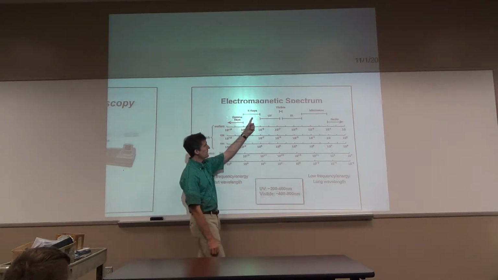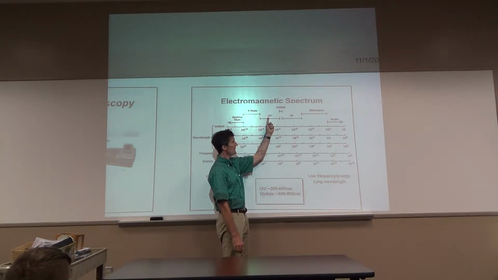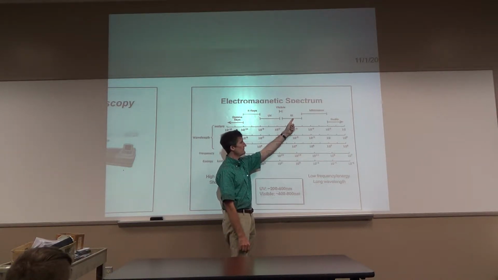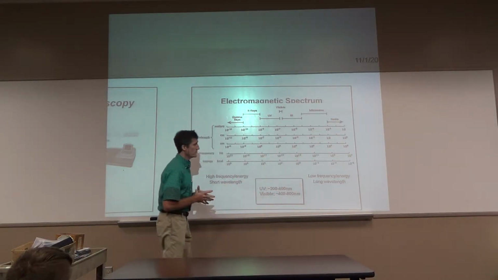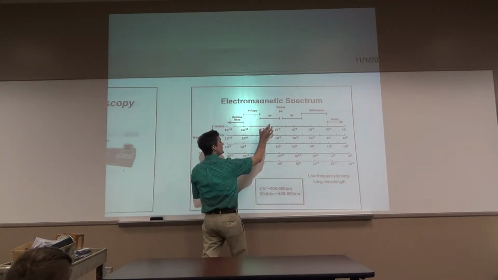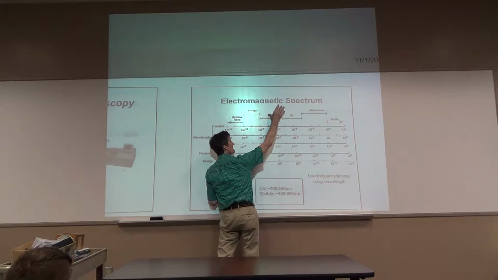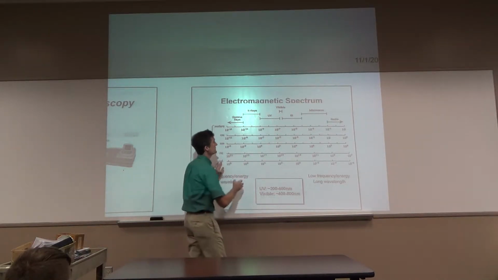Gamma rays, X-rays. UVVis. Then we get even weaker, we go to IR. Microwave and radio would be even weaker. Long waves, radio waves, long waves. These two types of electromagnetic radiation are coupled to give one type of spectroscopy called UVVis.